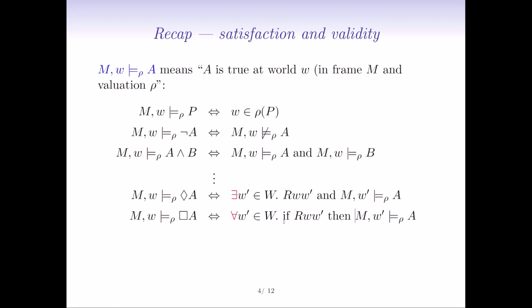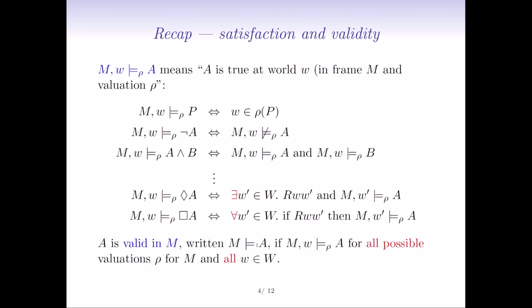And you remember as well that we also have concepts of validity and satisfiability, which are quite similar really to the concepts we've used in propositional logic and in first order logic. So we have the idea of being valid in a frame. So for a formula to be valid in a frame means that it is valid at all points in the frame, in all possible worlds, so it's true at all W, and it has to be true under all possible valuations of the propositional variables.